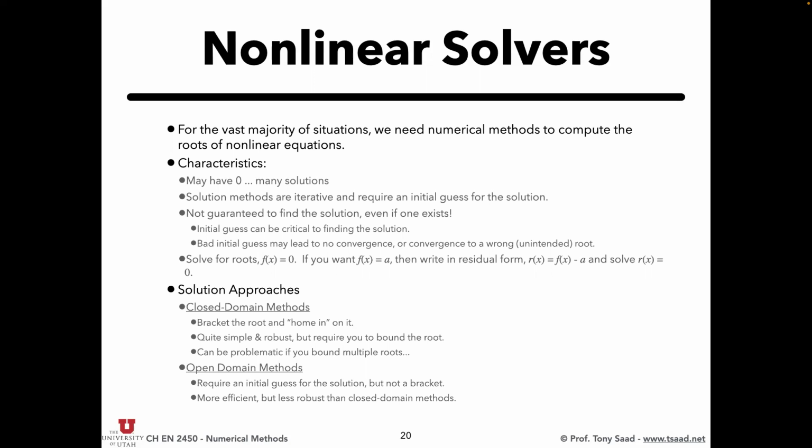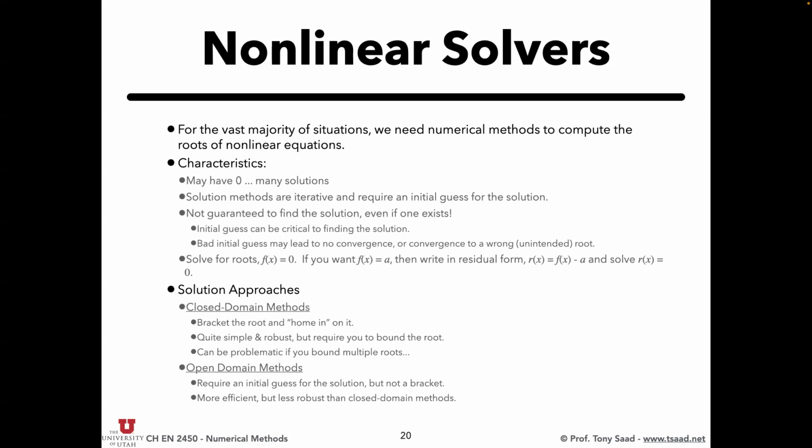So in a way, these closed domain methods are sort of reminiscent of graphical methods. You kind of plot the function and you bracket the root and you start kind of homing in on it, okay? Open domain methods, on the other hand, the most popular of which is the Newton method, or the Newton-Raphson method, is a general strategy that allows you to find roots of nonlinear equations without bracketing the root.